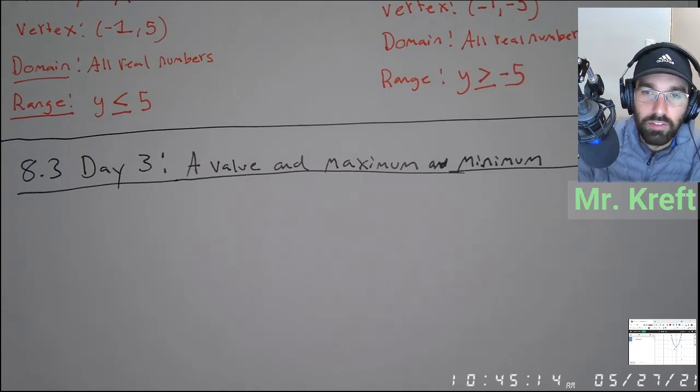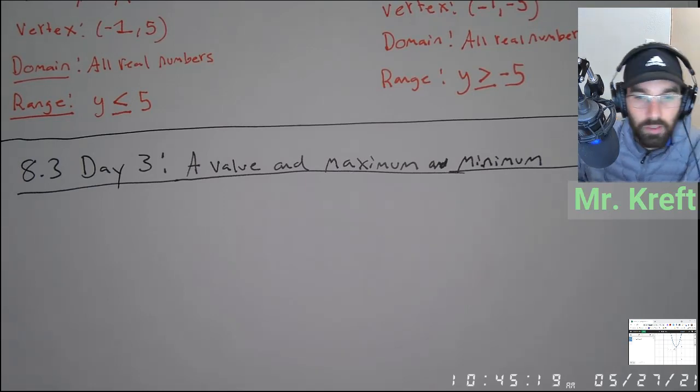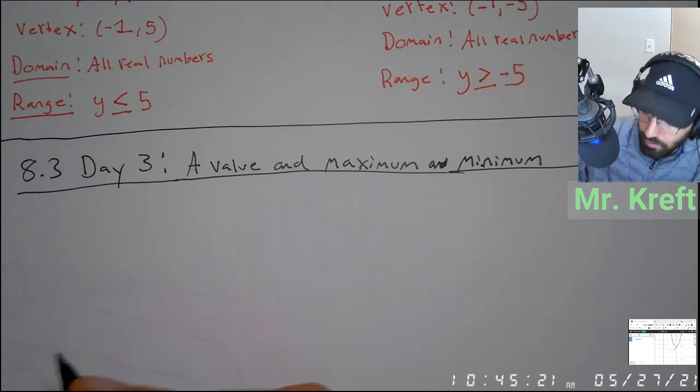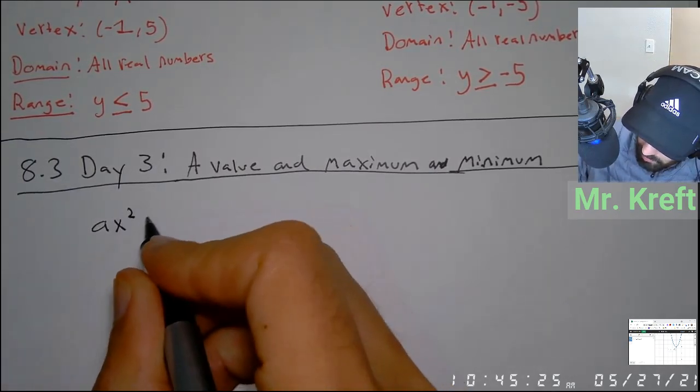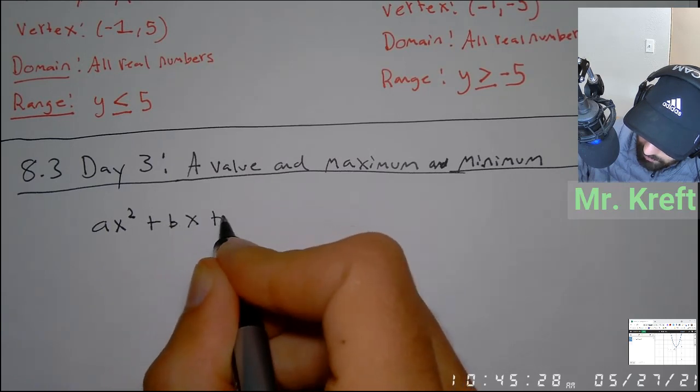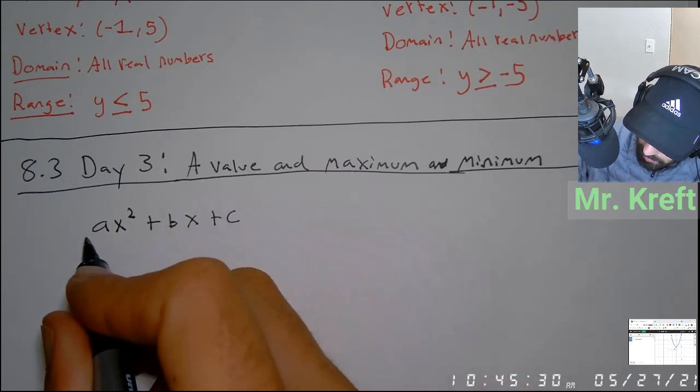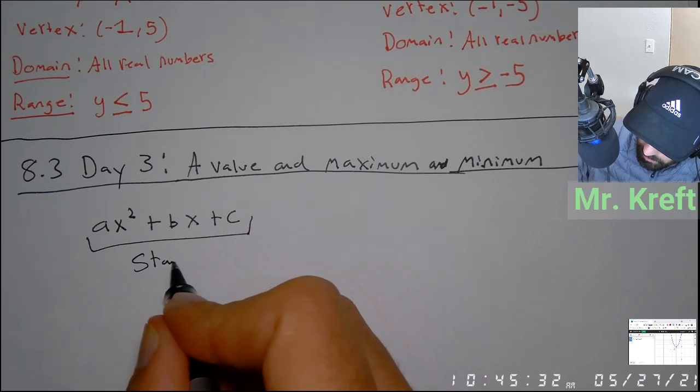Okay. All right, so let's go ahead and take a look at what these are. So hopefully you guys noticed, we have standard form. We have ax squared plus bx plus c.